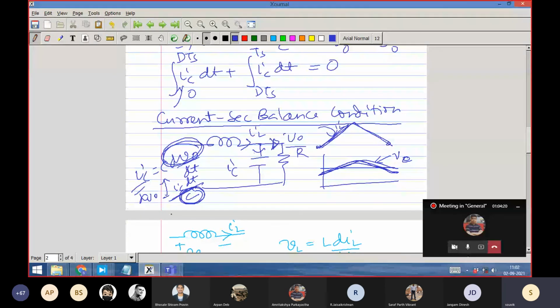So this way you will understand that delta V naught is not so strong that I have to assume there is a change. There is slight change, but that change need not be taken into consideration. So this current may be assumed to be pretty much constant, but we have to assume that there is a fluctuation in the inductor current.